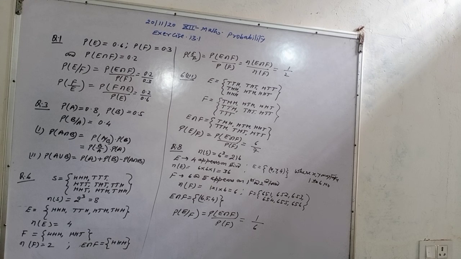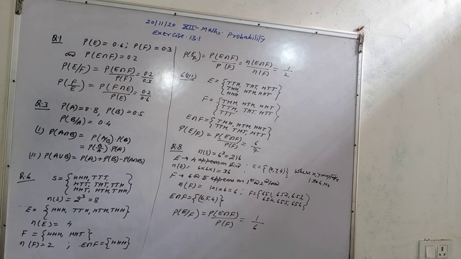So in the first 2 it may show any result from 1 to 6. Any result means in the first throw there will be 6 options, in the second throw 6 options, but in the third throw there will be only 1 option. Why? Because 4 is fixed in the third, meaning 6 into 6 into 1, that is 36 results.